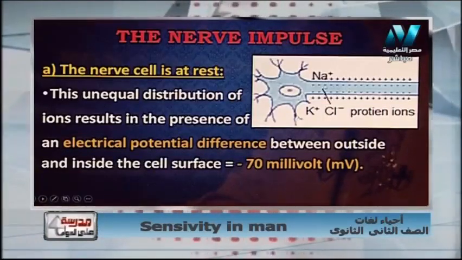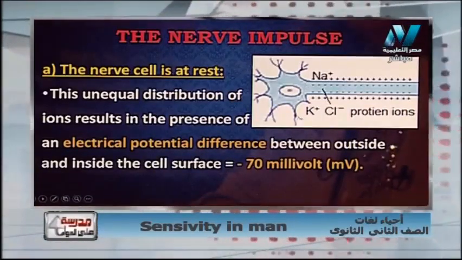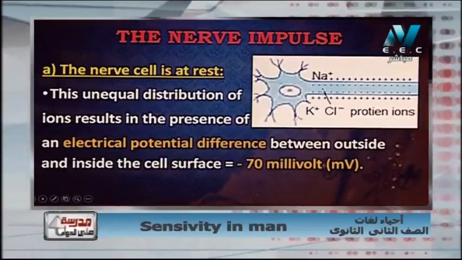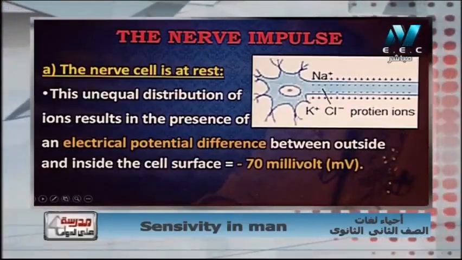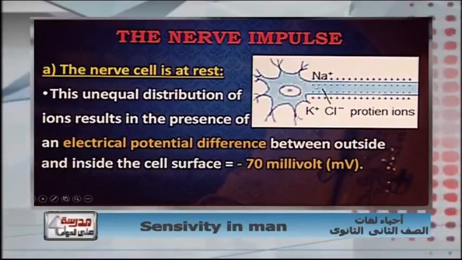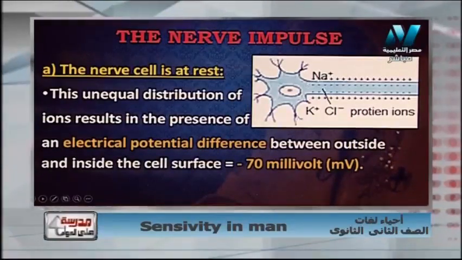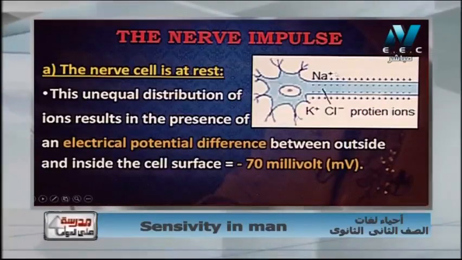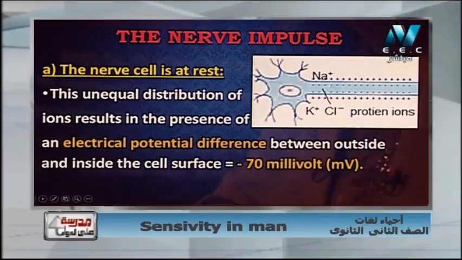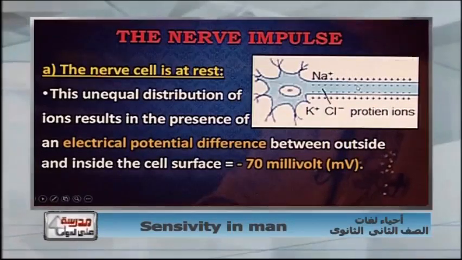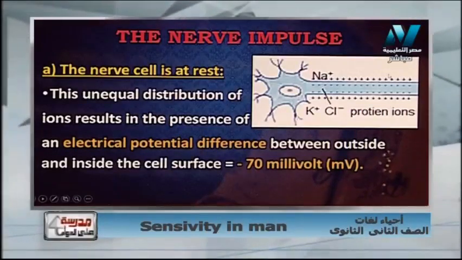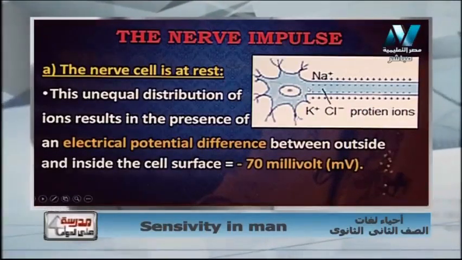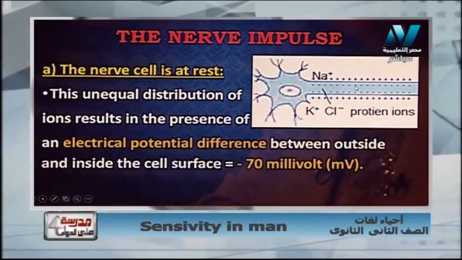And the plasma membrane is a selective semi-permeable membrane, as you know. This selective permeability makes the positive ions accumulate outside and negative ions accumulate inside. So the outside of the nerve fiber is positive and the inside is negative.